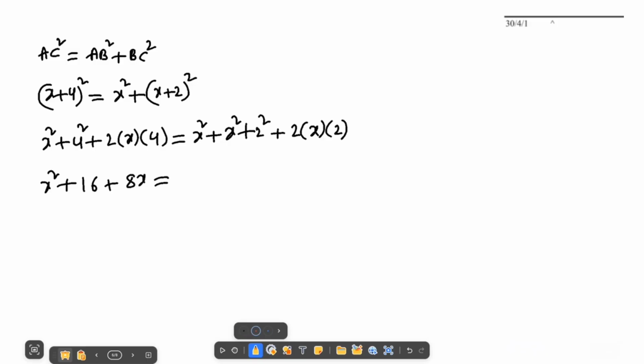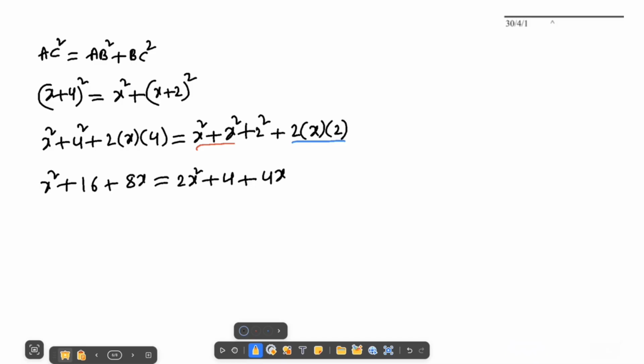So here we have x square plus x square equals 2x square, plus 4, plus 4x.